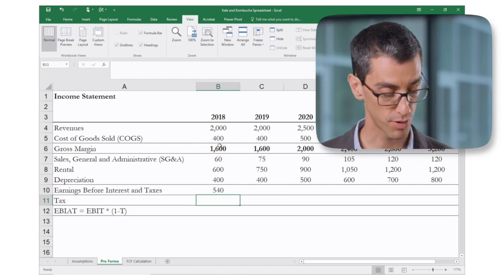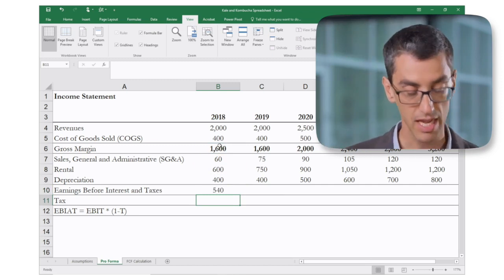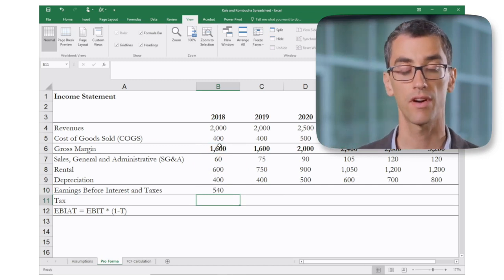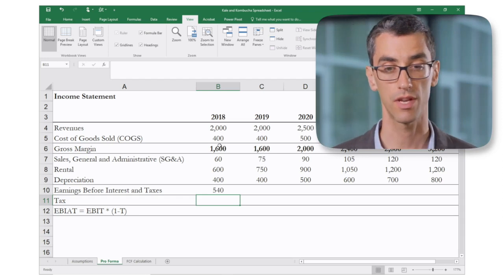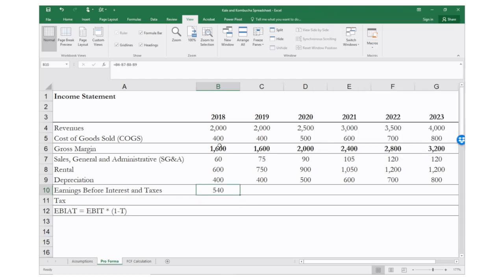And so the earnings before interest and taxes, as you see in your case, is $540,000 for 2018. This number will grow over time to $1.08 million by 2023. And again, this is just obtained by taking the gross margin and then taking out each of the three costs below it.